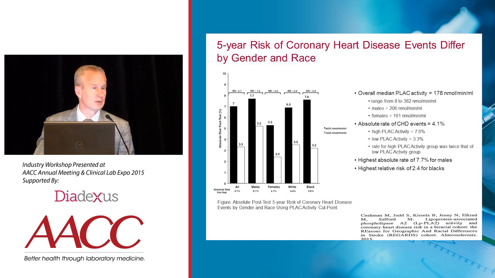So unlike, let's say, lipoprotein(a), which has no predictive ability in African Americans for some reason, this test pulls through. Unlike the extreme differences that we see in lipoprotein subfractions and other things that have been attempted, this test is very internally and externally consistent over time.